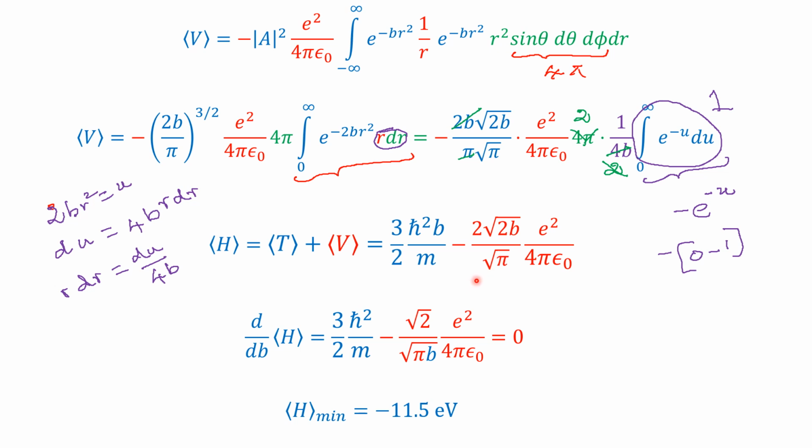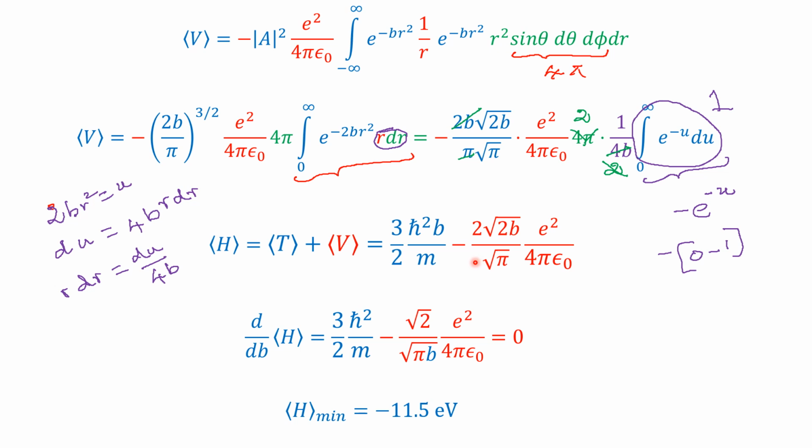So this is the Hamiltonian. Hamiltonian is the sum of kinetic energy plus potential energy. So this is the expectation value of kinetic energy, which I have shown in blue color. This is the potential energy, which I have shown in red color.